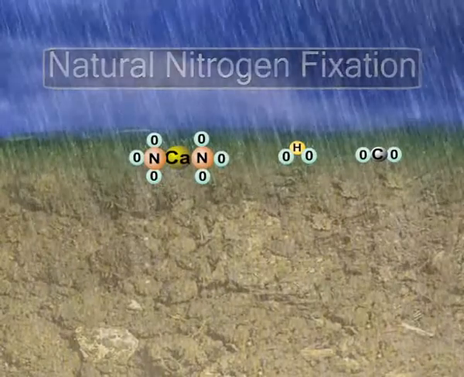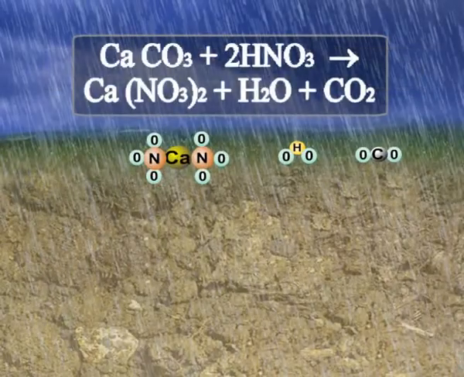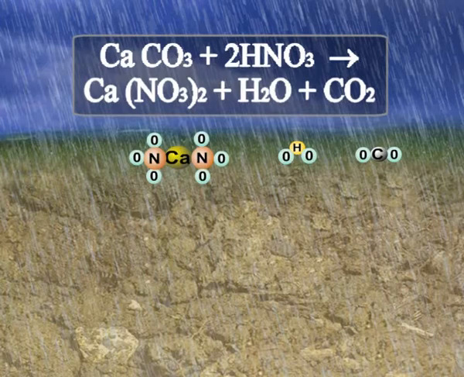The reaction can be summarized as CaCO3 plus 2HNO3 gives Ca(NO3)2 plus H2O plus CO2. Calcium carbonate reacts with nitric acid and forms calcium nitrate, water and carbon dioxide.